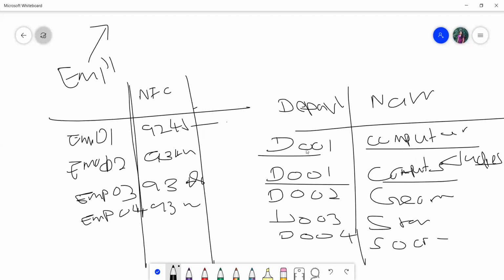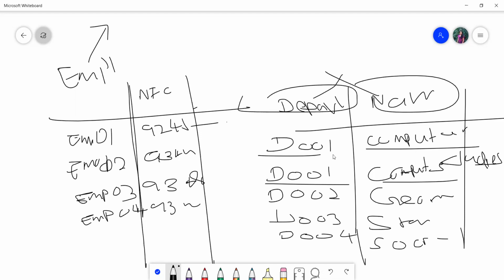But when we consider about this one and this one, these two attributes, this one and this one, this one and this one, like this. So is it possible to take these two attributes as a primary key or a composite key? Composite key we can use. We can use these two attributes as the composite key.